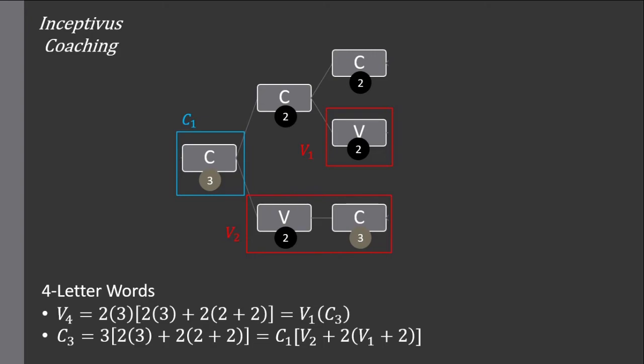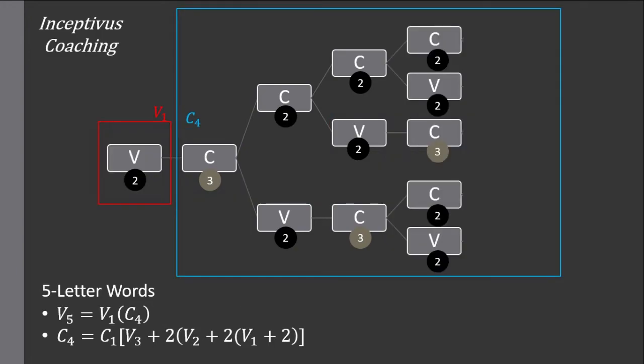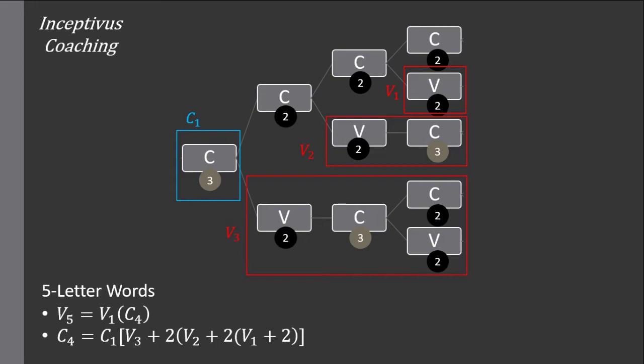And of course, you can start to see the pattern in the fifth letter. In a five-letter word, it's essentially a one-letter vowel, V1, followed by C4, a four-letter consonant. And you can define C4 recursively, using a similar kind of decomposition.